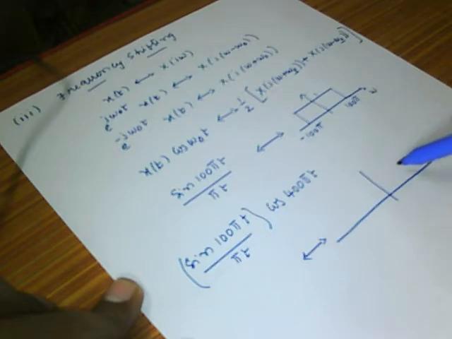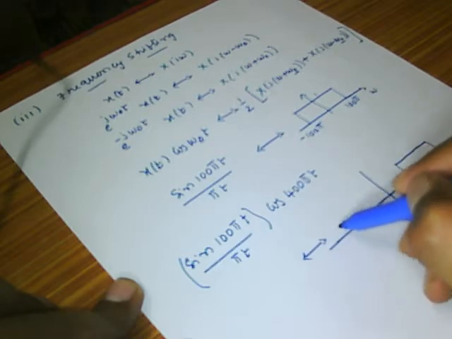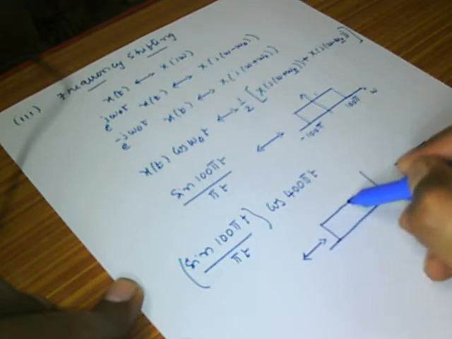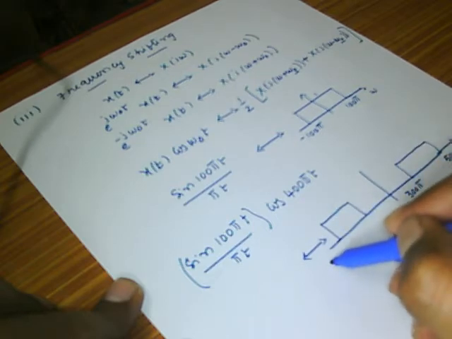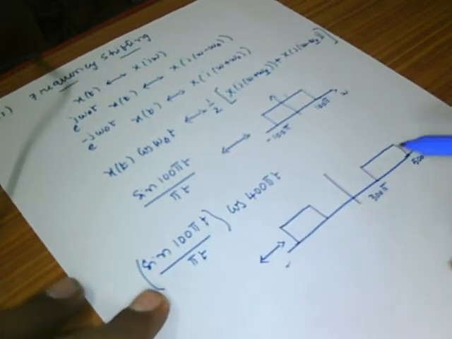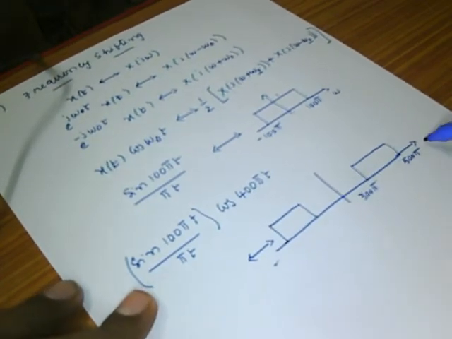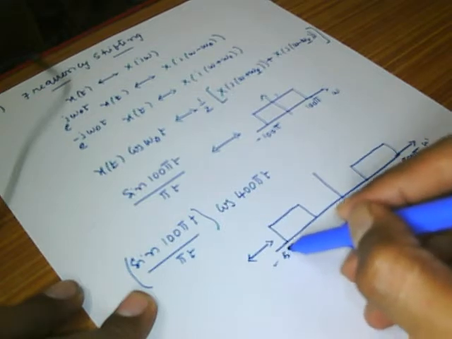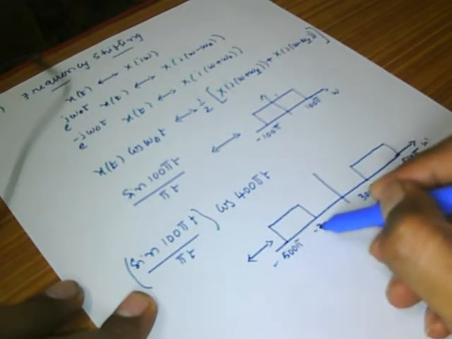So how does the plot look? The whole plot will look something like this. This part will be 300 pi and this will be 500 pi. Similarly, on the negative frequency side you have the same thing. So this will be minus 500 pi and this will be minus 300 pi.